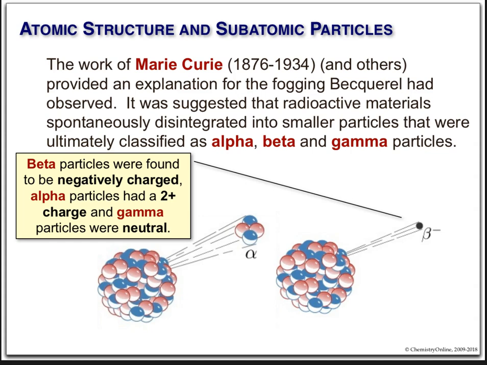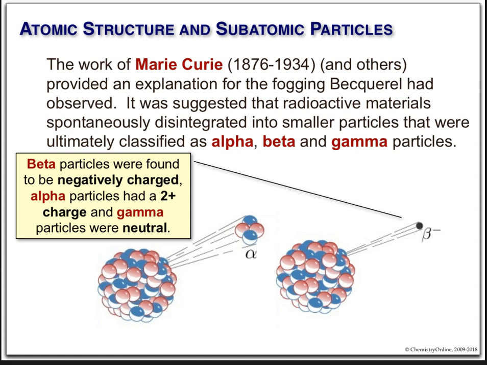It can also expel a beta particle. A beta particle is much higher energy, and it's an electron. Now, you might ask yourself, what's an electron doing in the nucleus? Well, turns out it's interesting. The electron actually comes from a neutron. The neutron breaks down, forms an electron, which is negative, and a proton, which is positive.